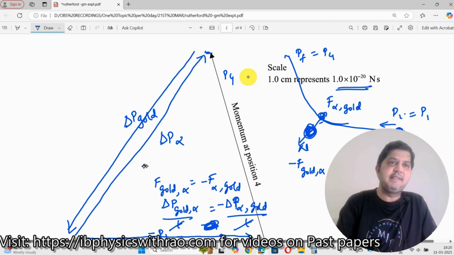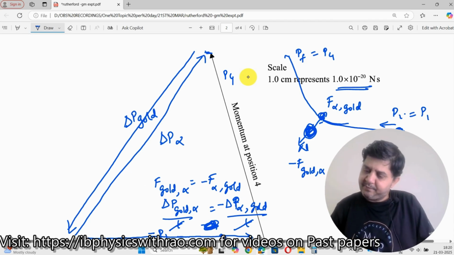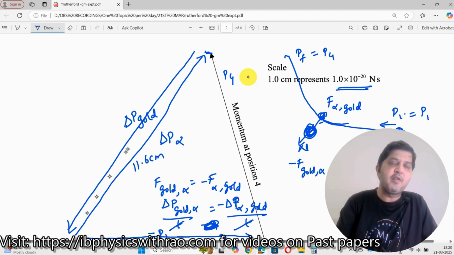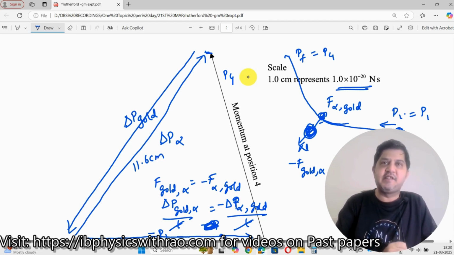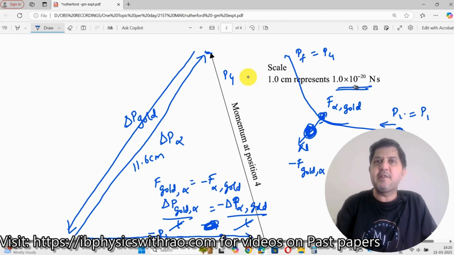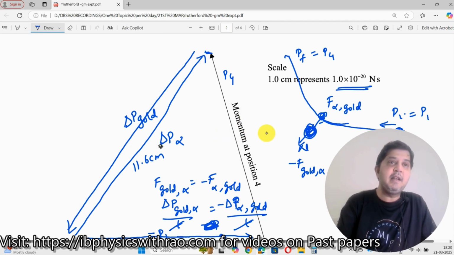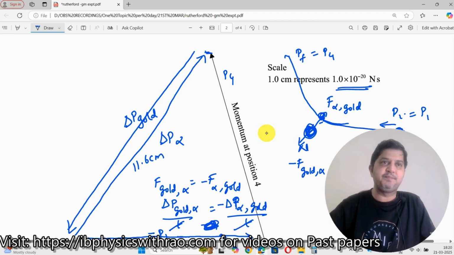When I measure this length, I see in my paper that this value comes out to be around 11.6 centimeter. 1 centimeter represents 1 into 10 power minus 20. 11.6 centimeter represents how much? This should be 11.6 into 10 power minus 20 Newton second. What is this? This is nothing but delta P alpha, delta P gold. We have got the change in momentum.